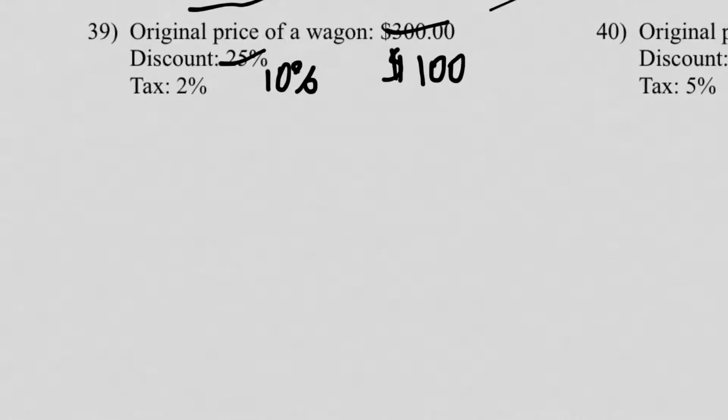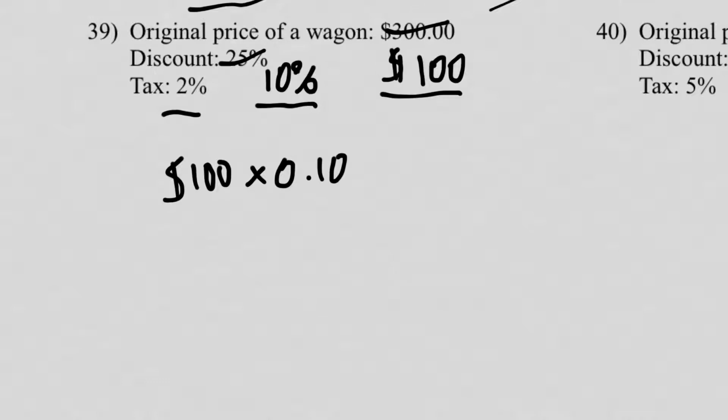Right, and now we'll look at discounts as well. So the original price of some item happens to be $100, and we're going to get a 10% discount on that and then pay 2% tax. All right. So the original price is $100. And from that, we're going to calculate a 10% discount. So we calculate the discount the same way, multiplying it by 10%, which converts to 0.10, if we convert the percent to a decimal.